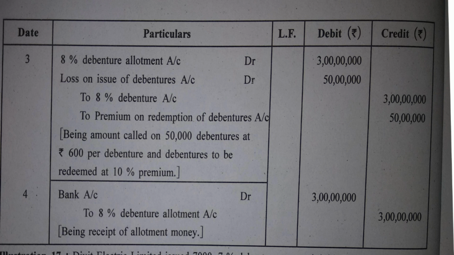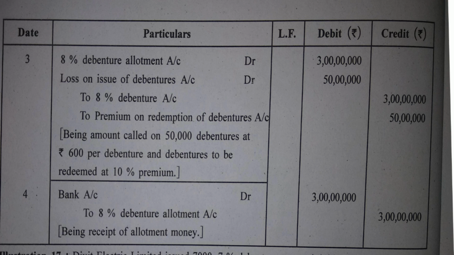Yes, because in this sum, the amount has been called up in application and allotment, and the situation is that the debenture has been issued at par and is redeemable at premium. During that time, the amount of premium at the time of redemption, the loss, will be shown in the journal entry when allotment money becomes due. That is the third journal entry here.